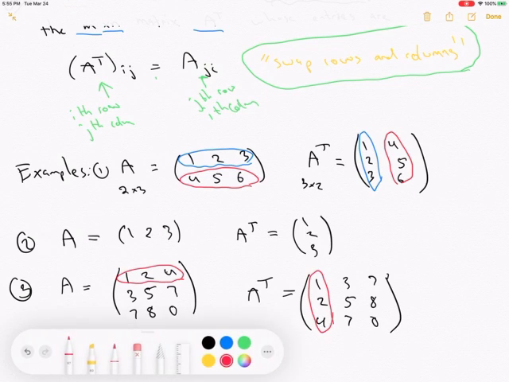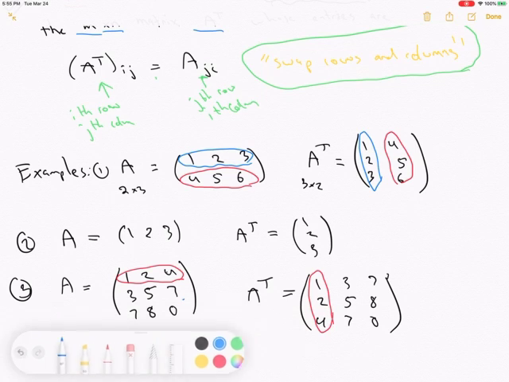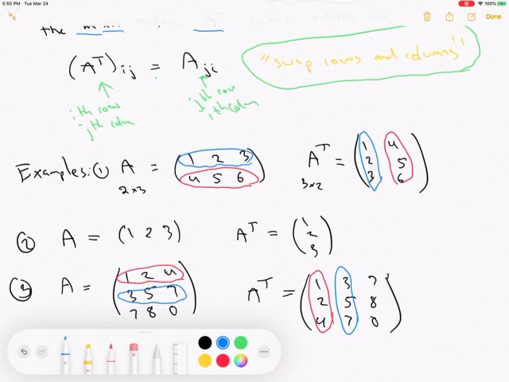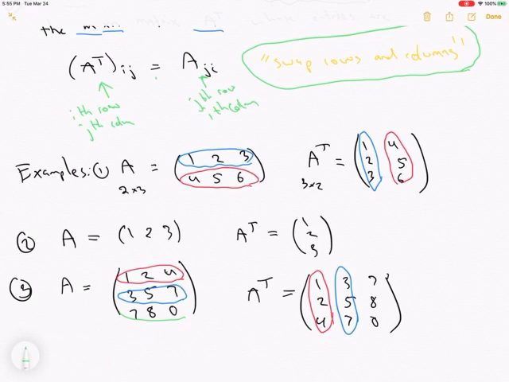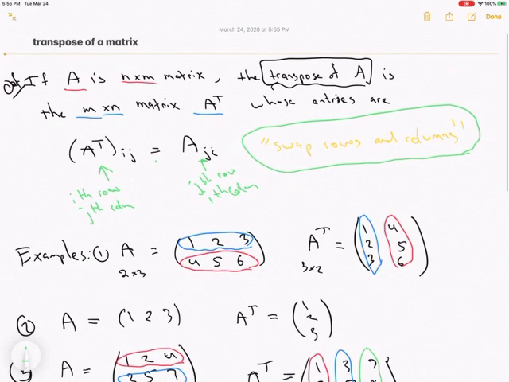So when I'm writing down the transpose, I always fill in the columns first. That's all that the transpose of a matrix is. You're just swapping the role of the rows and the columns. So that is the definition of transpose of a matrix.